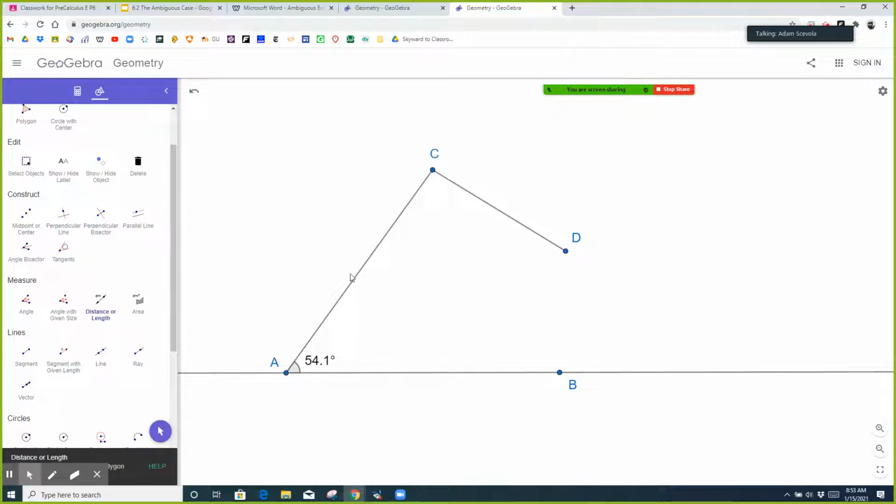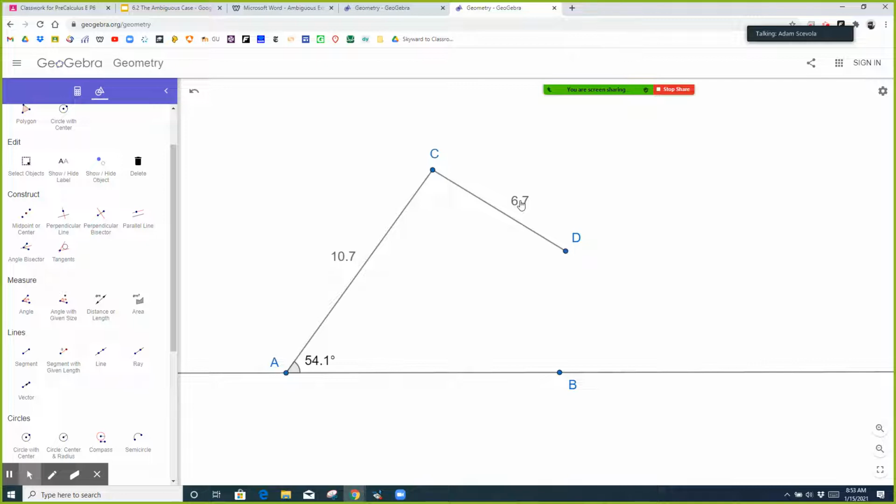So I'm going to click the distance and length tool, then segment AC, and then click segment CD. Your numbers don't have to be like mine, and I'd be very surprised if they were. But you should have a picture that looks like this. And again, your angles and numbers should be different. But if they're close to it, that's cool.